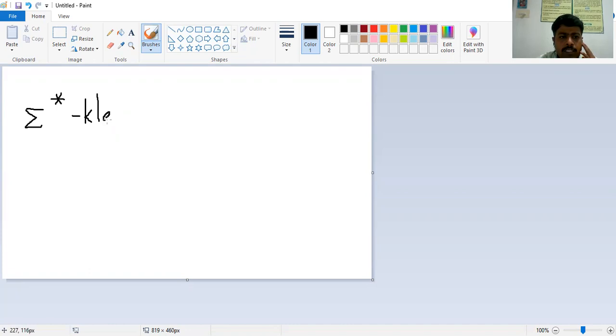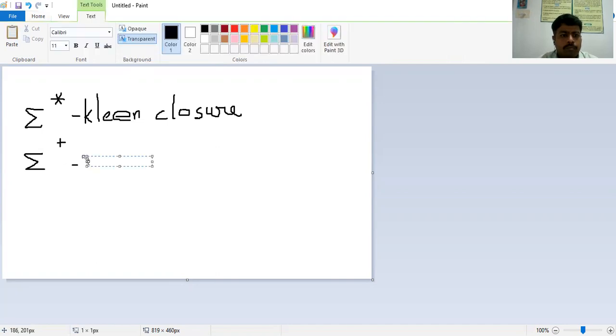Once we understand this Kleene closure as well as positive closure, we can easily solve the problem. This is called Kleene closure. Next, we consider positive closure. This is called positive closure.